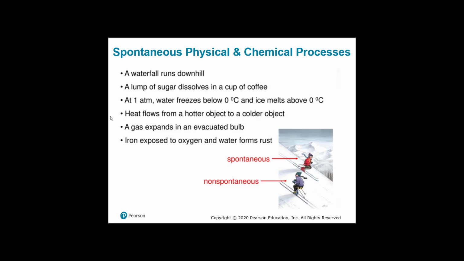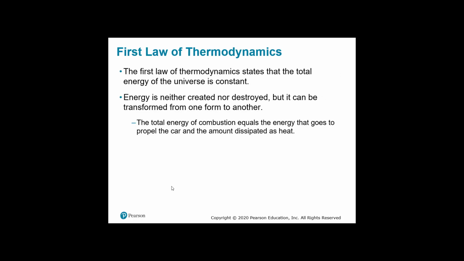That means that when given the opportunity, it will expand until it hits resistance. And iron exposed to oxygen and water will form rust. A nail left out in the environment is prone to rust because it's dealing with water, vapor, rain, and so forth. In the picture here, going down the hill is spontaneous, and going up a hill is non-spontaneous. And if anybody's ever walked up hills or hiked, you definitely know that.